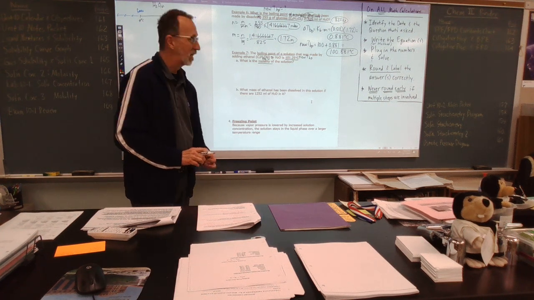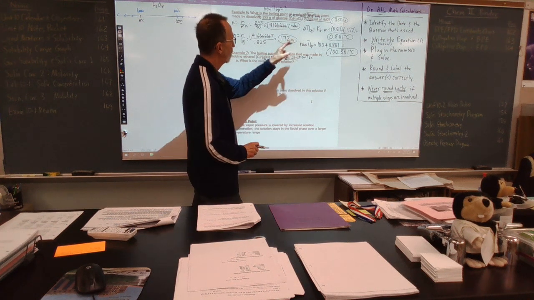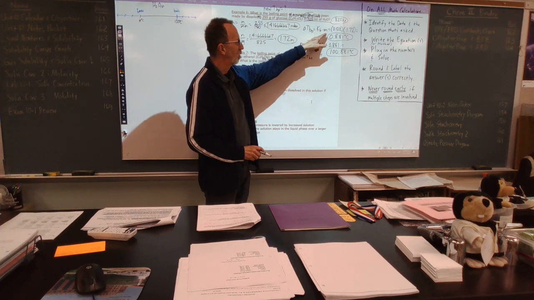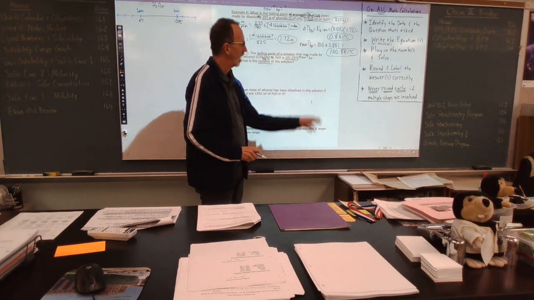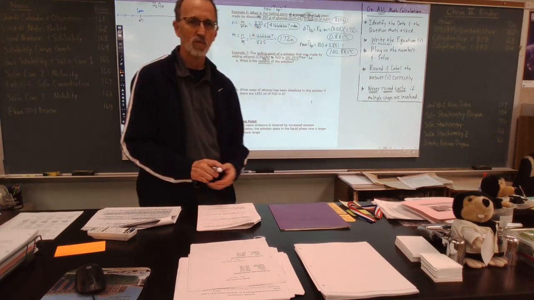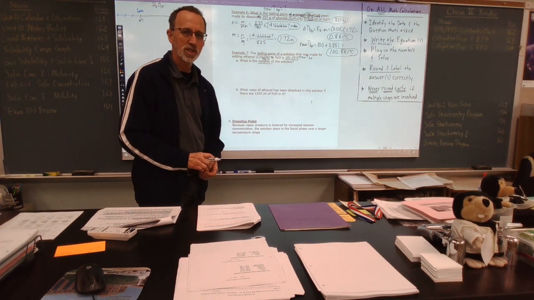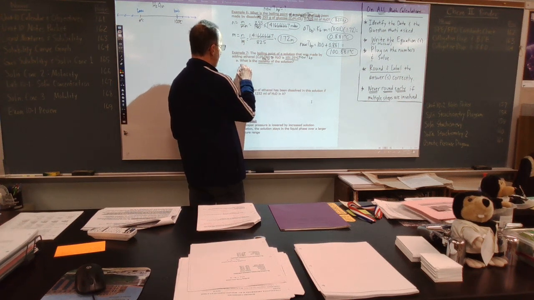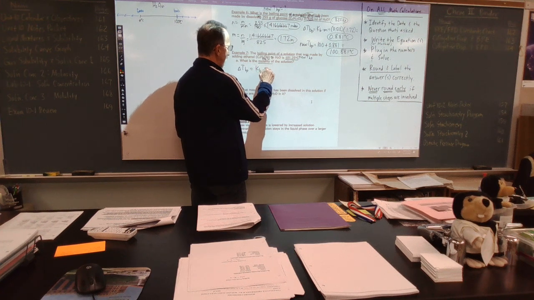Yes, we can, because of the relationship between the change in the boiling point temperature, molality, and the boiling point constant for the solvent, in this case water. We can use that equation to determine molality. So the change in the boiling point temp is equal to Kb times m.